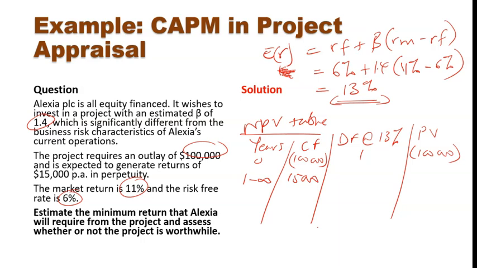So 15,000 to infinity simply means we multiply 15,000 by 1 over 0.13. Remember our formula for a constant dividend forever.